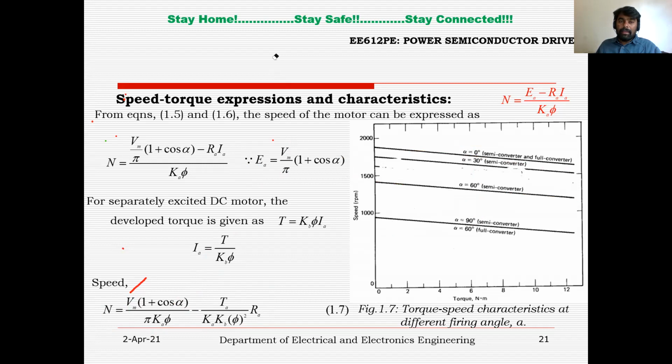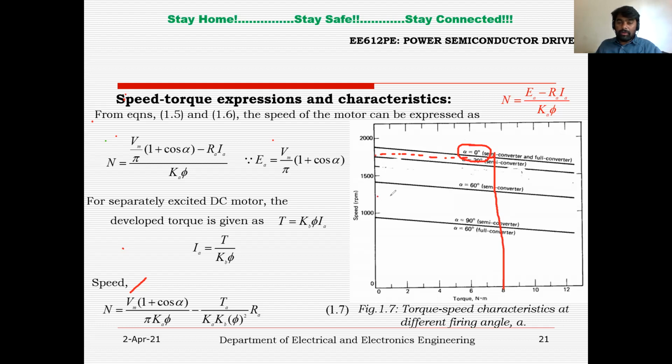Now let us say my load is constant, which is 8 Newton meter, right? So for this constant load, I want to run this load at different speeds. If I want to operate at a speed of 1800 RPM, then I should apply alpha equals 0.